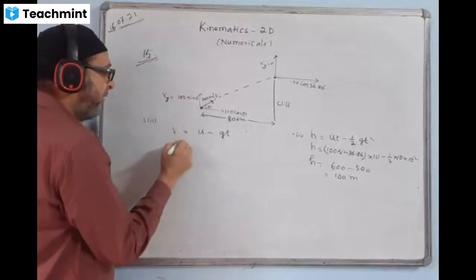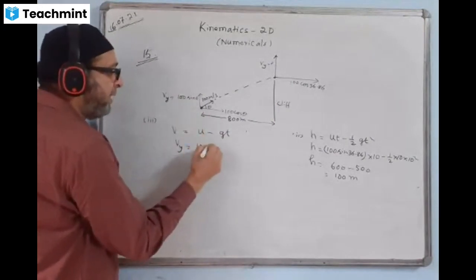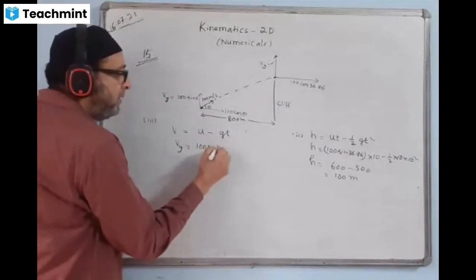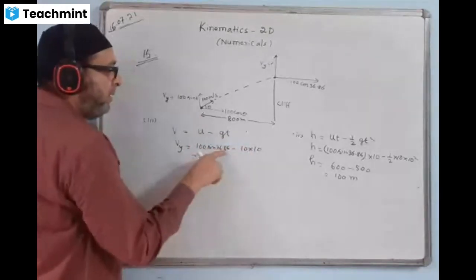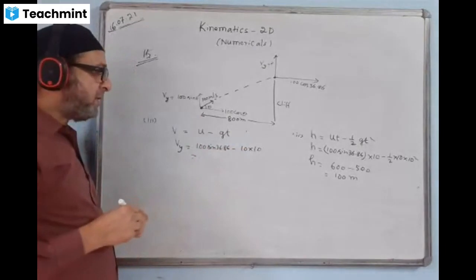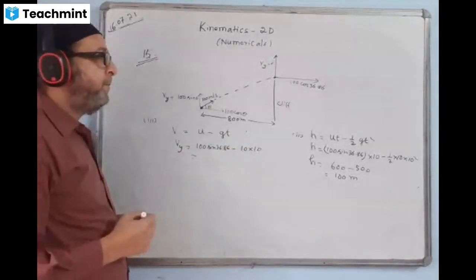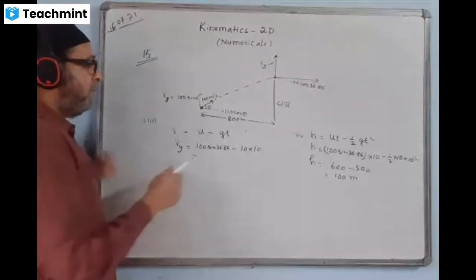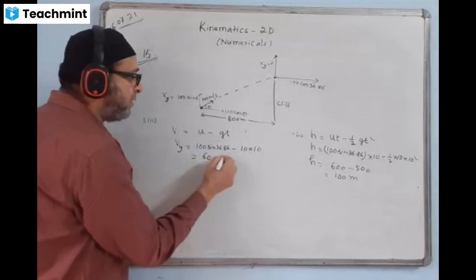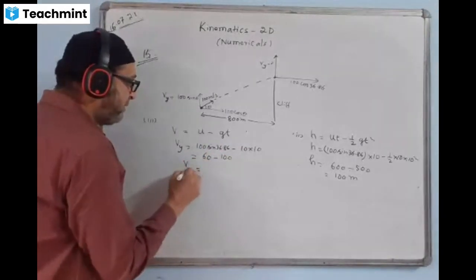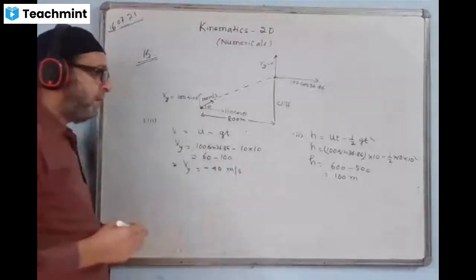Vy is equal to 100 sin 36.86 minus G value 10 times timing 10. So sin 36.86, please find the answer. This will come 60. 60 minus 100. The value of Vy is coming minus 40 meter per second.